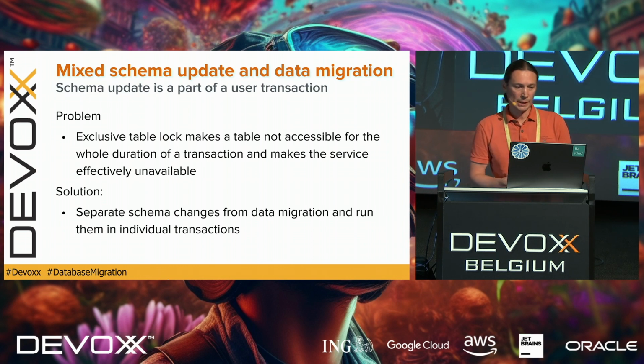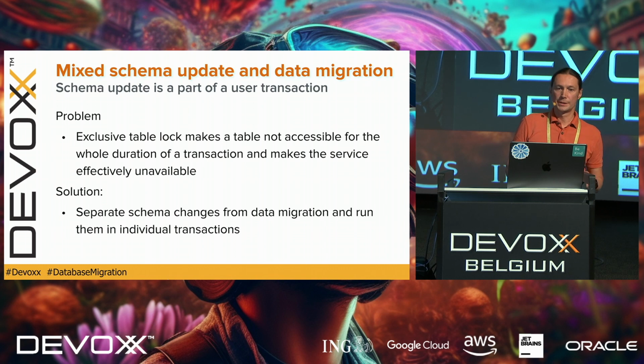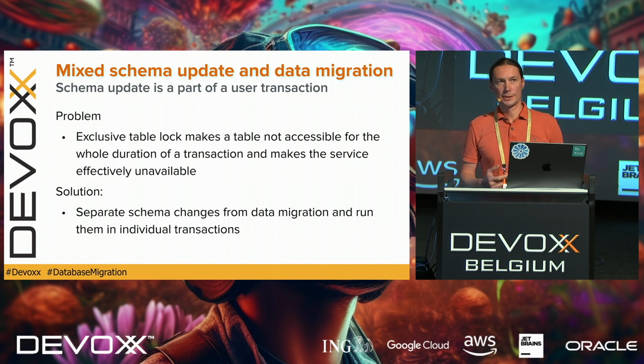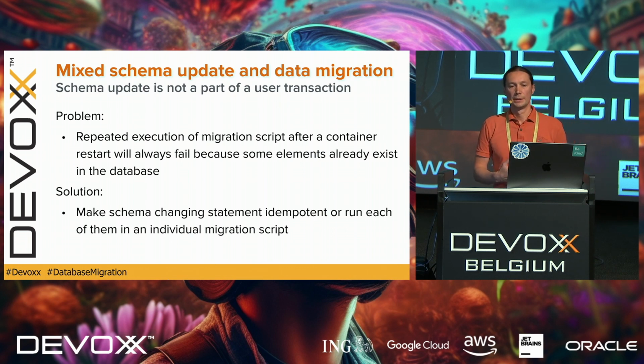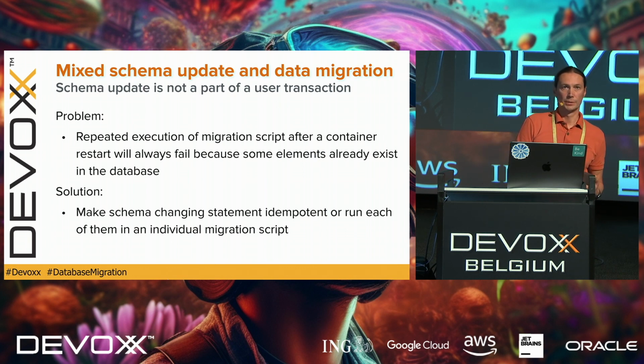And as I mentioned before, there are two types of databases. The one type, like Postgres, includes schema updates into the user transaction, and another type of databases doesn't include schema updates into user transactions. MySQL or Oracle would be an example of this group of databases.